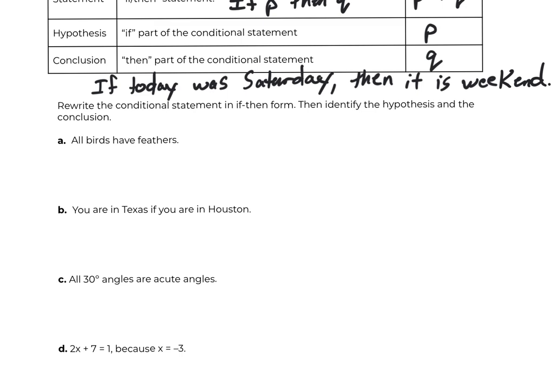Sometimes we have to add a little bit or change things around to make it make more sense. Because right now, I don't just want to say, if all birds, then have feathers. Does that make any sense with what we said? No, right? It's not as simple as putting if and then into the statement to make it work. We may even have to insert something a little bit different. So here, instead of saying if all birds, what could I say?